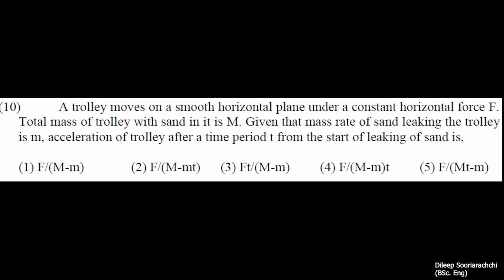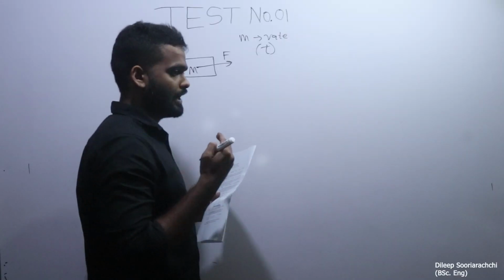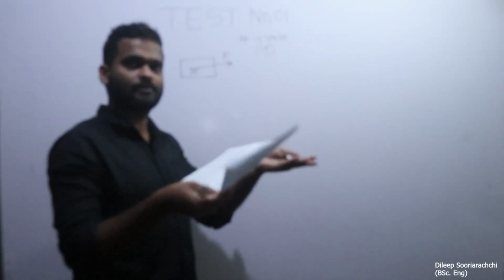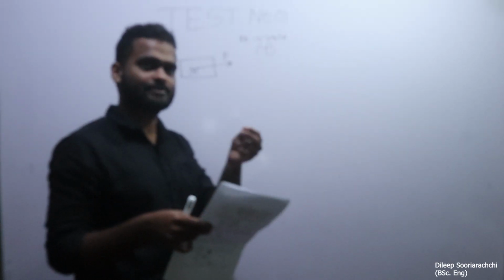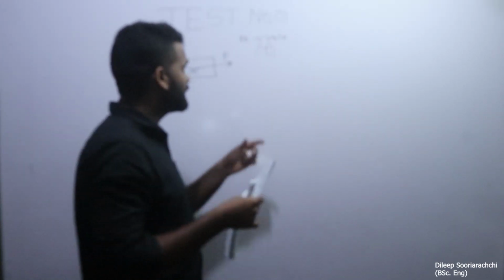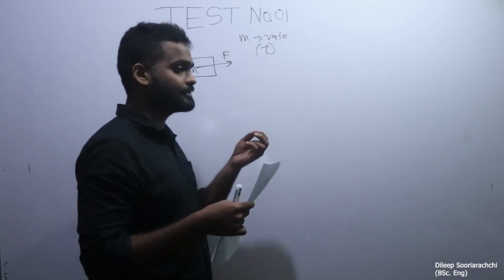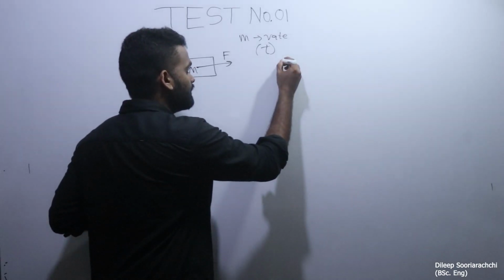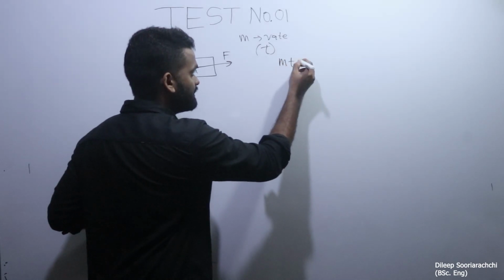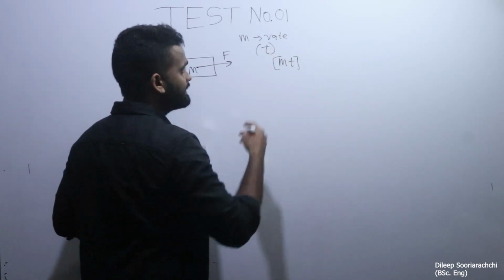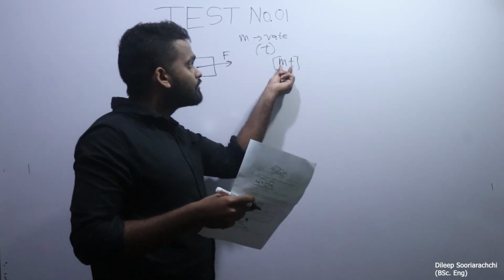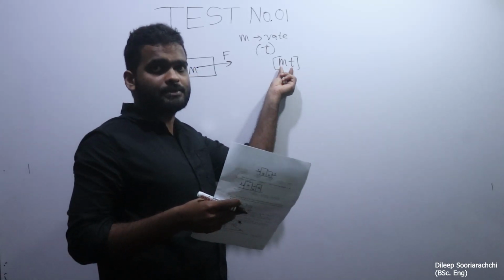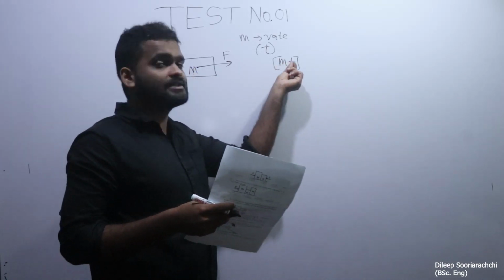So we have to find the mass. If the sand is moving out, the trolley is losing its mass. If the rate of mass moving off the trolley is m, after a time t, the amount of mass removed from the trolley should be m times t.